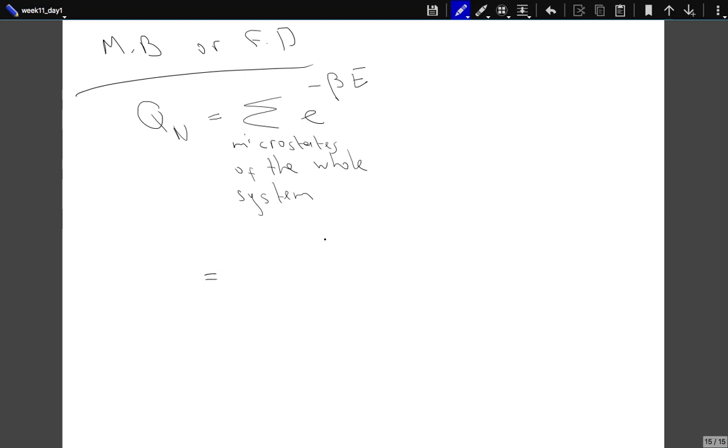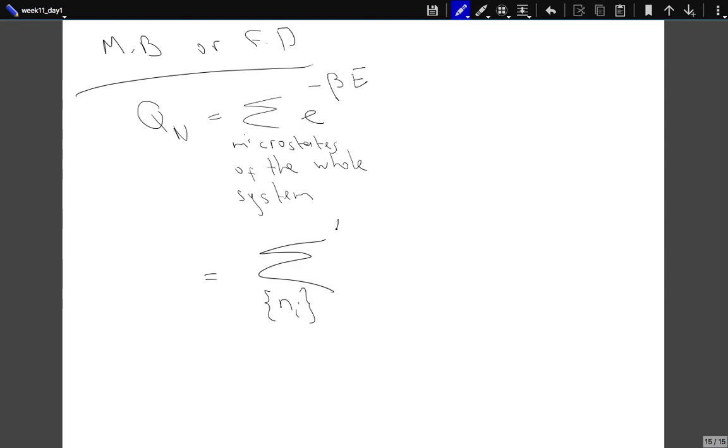This will be equal to the sum over the microstates. The microstates will again be determined by the n_i's. The total number is fixed, but as long as the total number is fixed, whatever set n_i has the same total number should contribute to the sum.